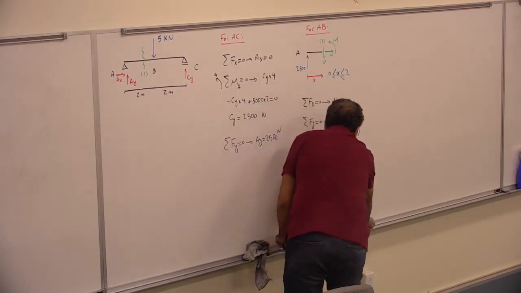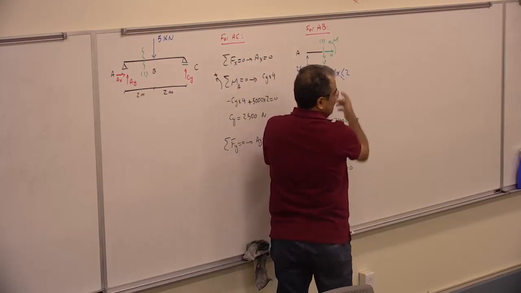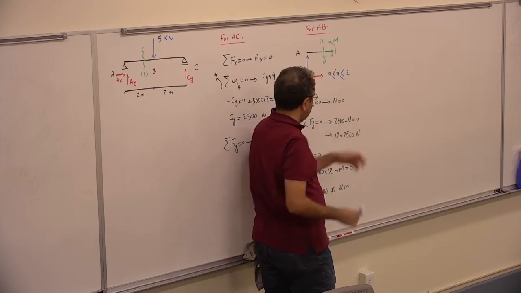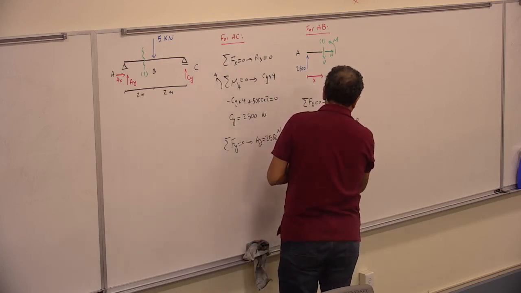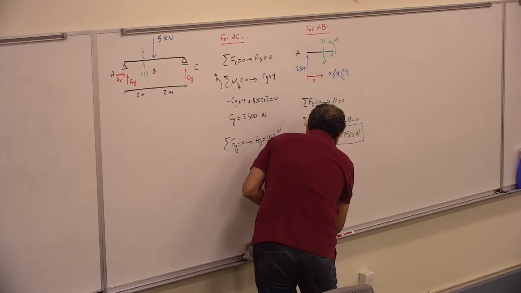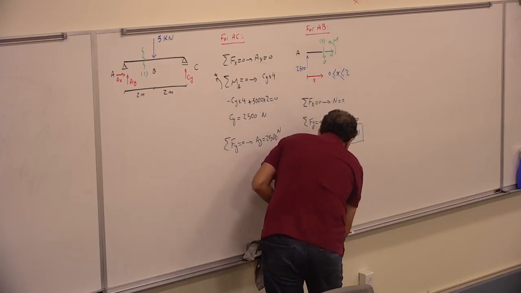So for x being between 0 and 2, this is the equation for the V, and this is the equation for the M.